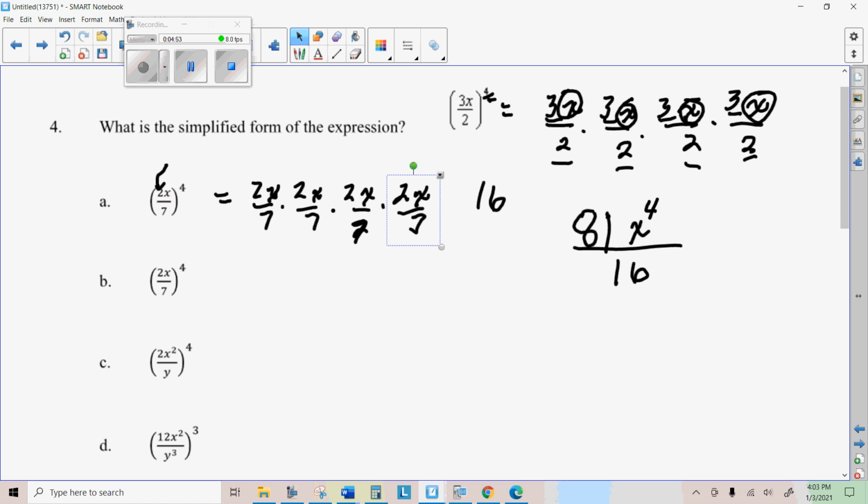I need to do the x to the 4th power, and I also need to do the bottom number, the 7 to the 4th power, which I think is 2,401. You can check my math on that. But anyway, that should be how you do those.